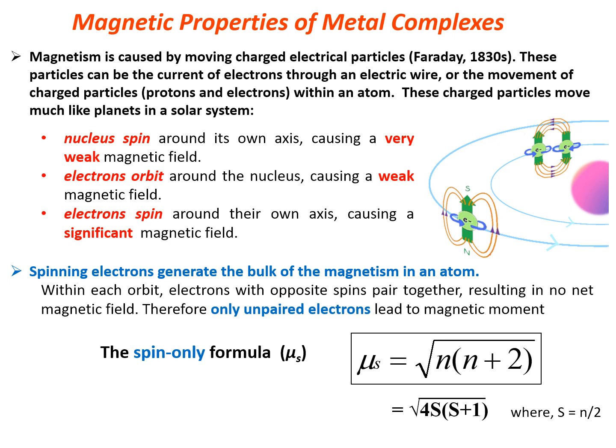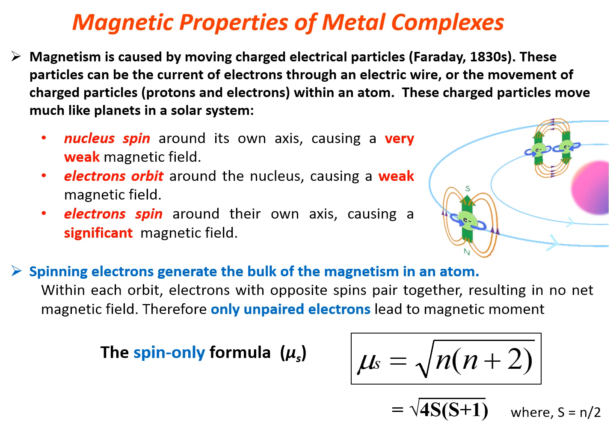As we know, electrons are charged particles, and they are moving particles as well, like the current of electrons through an electric wire, or the movement of charged particles within an atom. These charged particles move much like planets in a solar system.